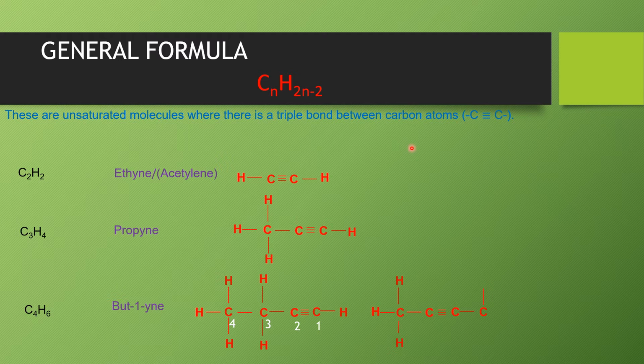So that is C4H6. Numbering is going to start either from the left or from the right, both of which is going to give the lowest number on the carbon triple bond as number 2. So you can see the triple bond is actually between carbon 2 and 3. So we choose the lowest number, which is but-2-yne.